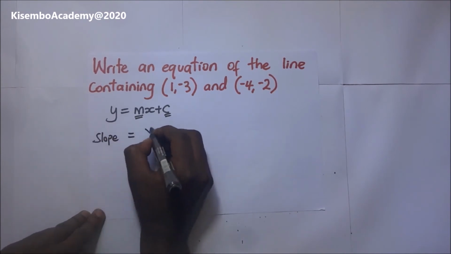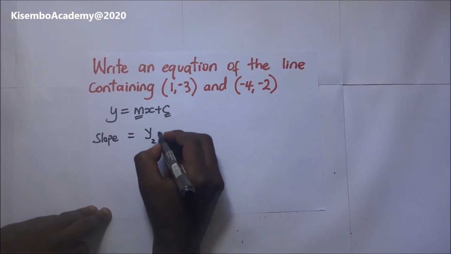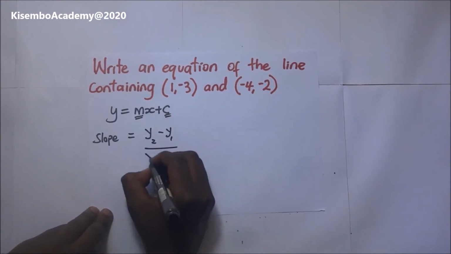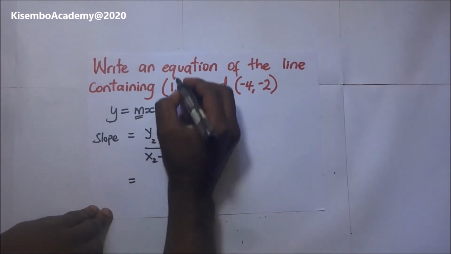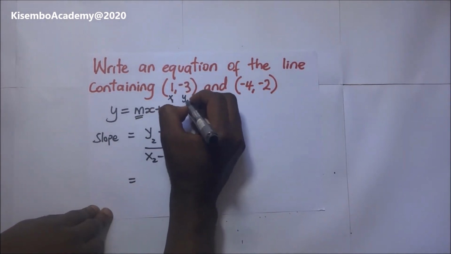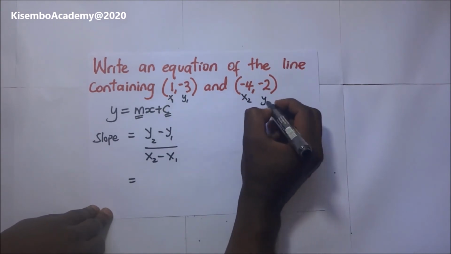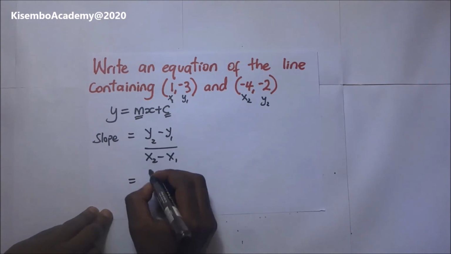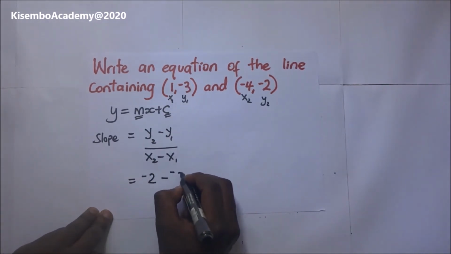And the formula for finding the slope is y2 minus y1 over x2 minus x1. Now let's call this our x1, y1. This is our x2, y2. So our y2 is going to be 2 minus our y1, which is -3, minus -3.